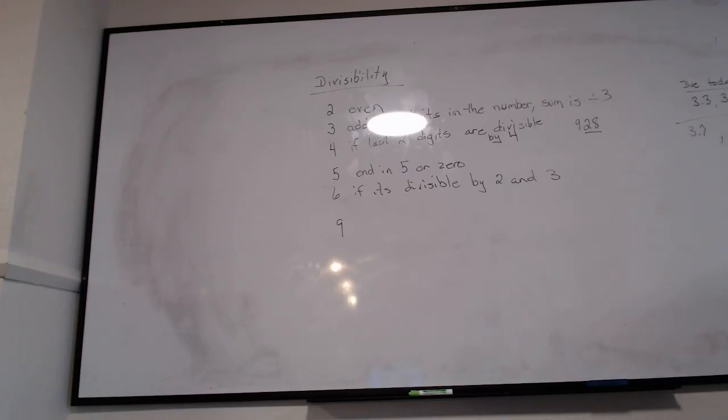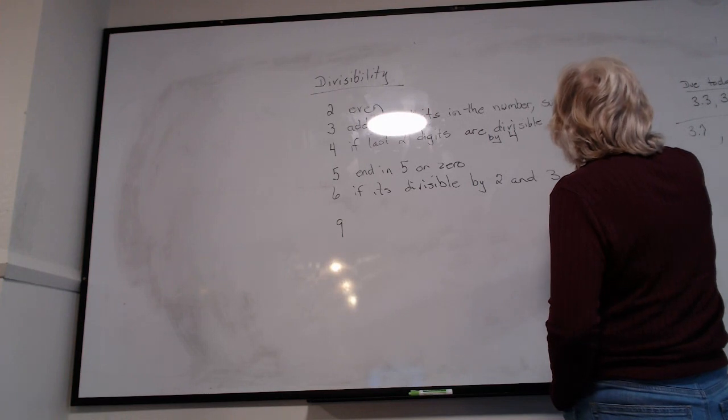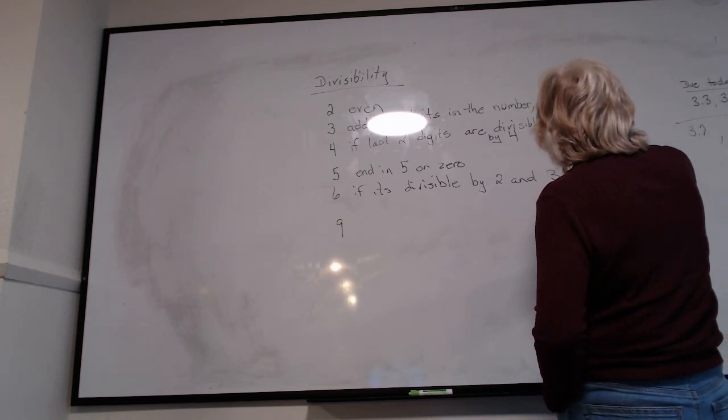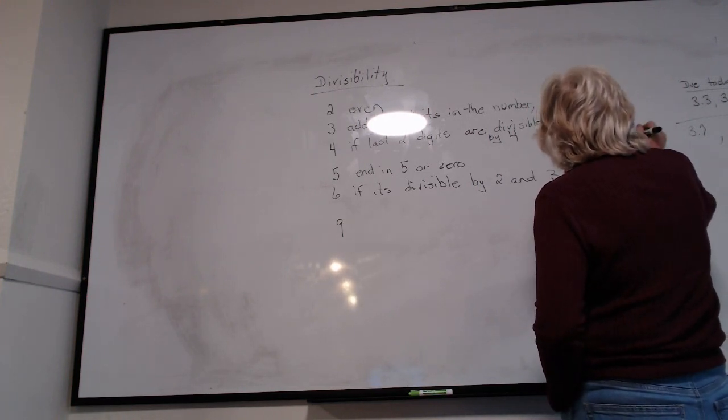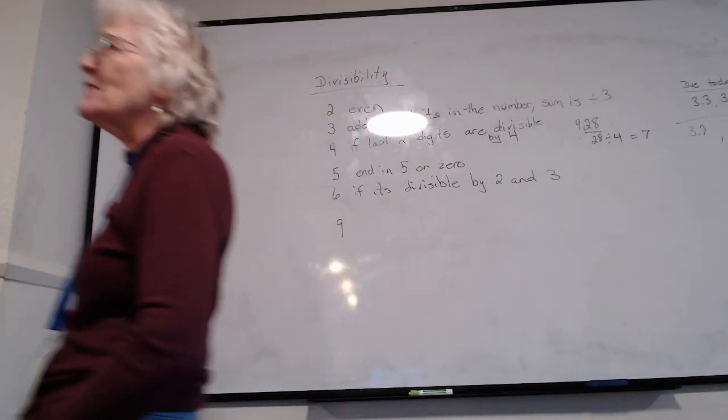Oh, yeah. What is it? 7. Yes, it's 4 times 7. So 28 is divisible by 4. Because that's 7. So then 928 is divisible by 4.